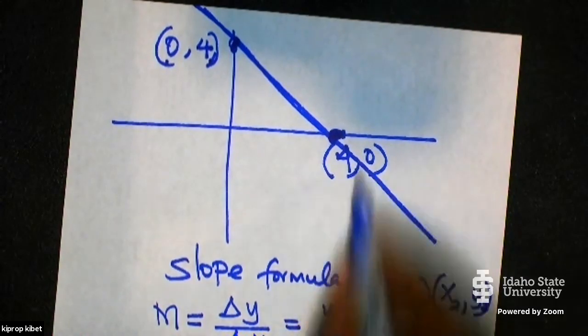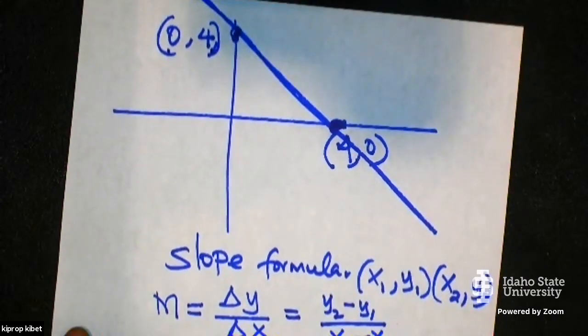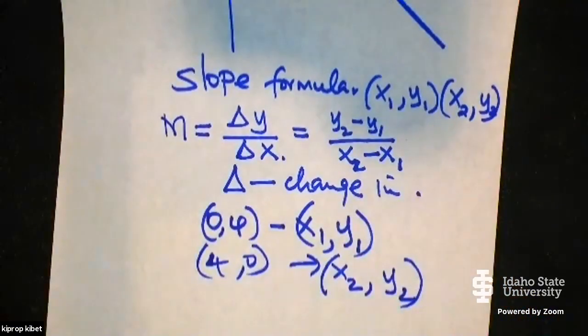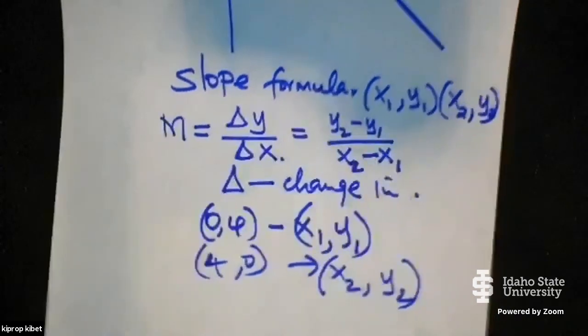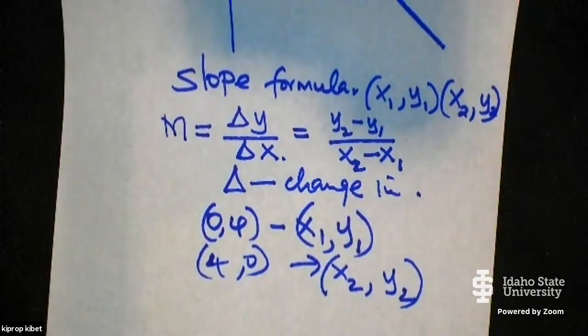And then this other one here, 4, 0, can be x2, y2. So to get the slope of that line, it will be change in y all over change in x.